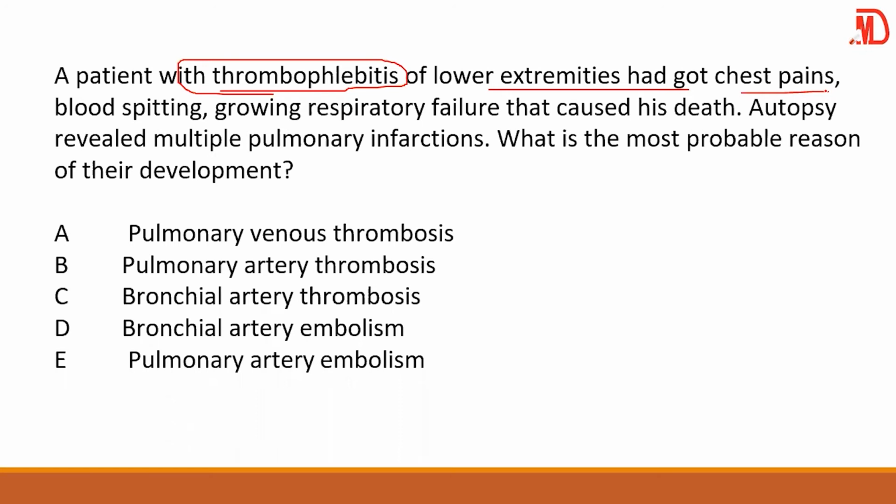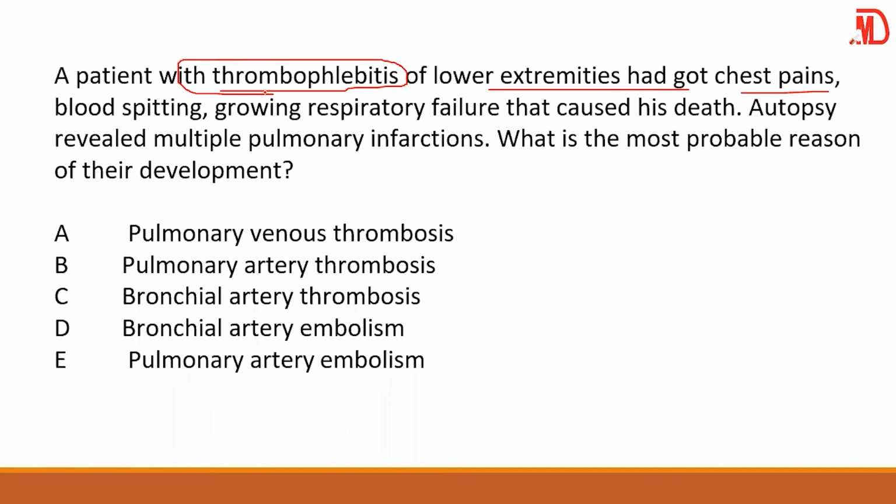When somebody is having multiple fractures, that person can develop fat embolism. So again, over here, what are we looking for? We're looking for a thrombus that has entered into what?